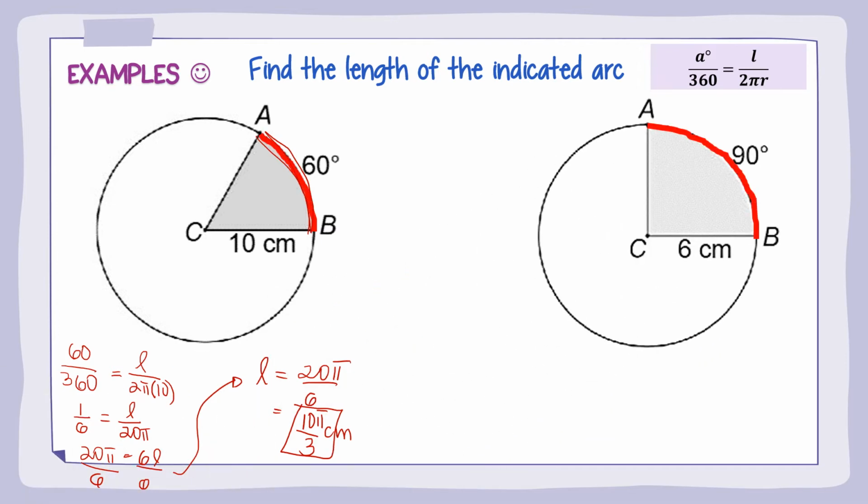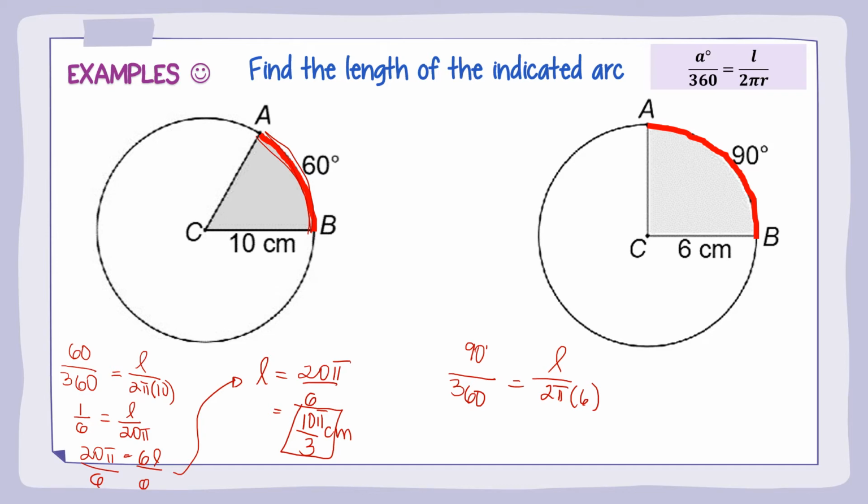Let us find the length of the arc. Again, the formula is the degree, so we have 90 over 360 is equal to the length of the arc over 2 pi r. Our r is 6.